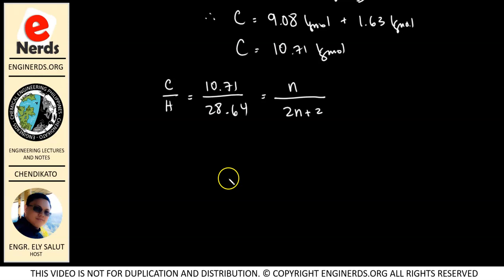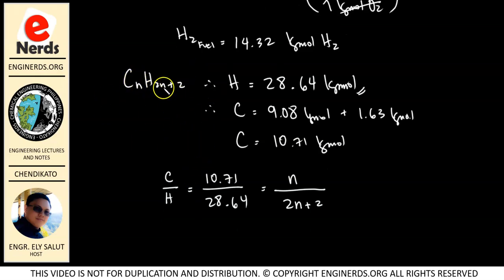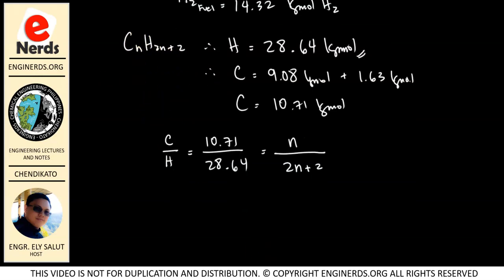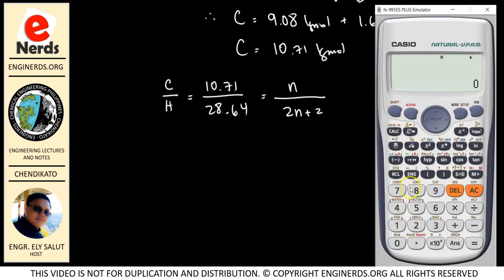Now we just need to solve for the value of N to determine our formula. N is all we need to know which hydrocarbon we have here. We're going to do it fast so we don't get stuck in the math. We have 10.71 divided by 28.64, which is equal to 0.374.